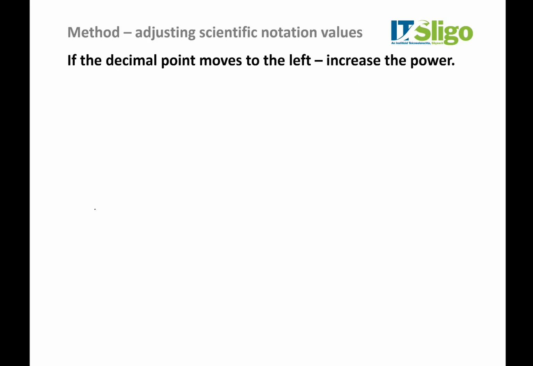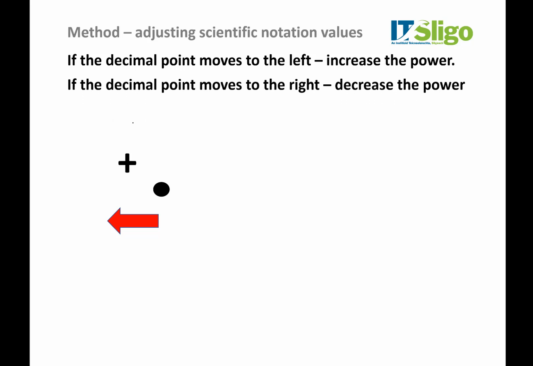So on this slide, I'm just going to explain that in a little bit more detail. If the decimal point moves to the left, as we did there, it moved 8 places to the left, we increase the power. And conversely, if the decimal point has to move to the right, we decrease the power.